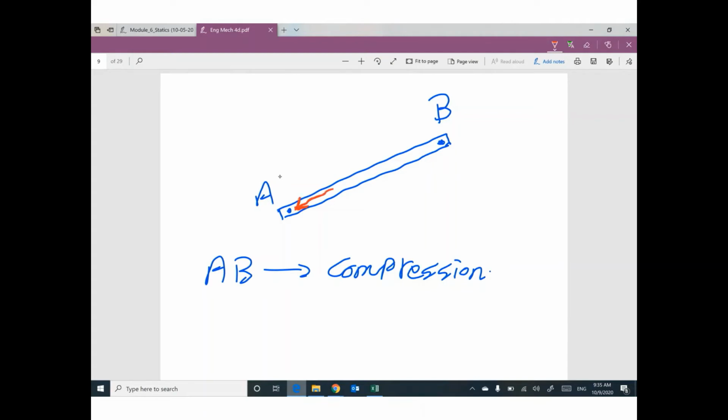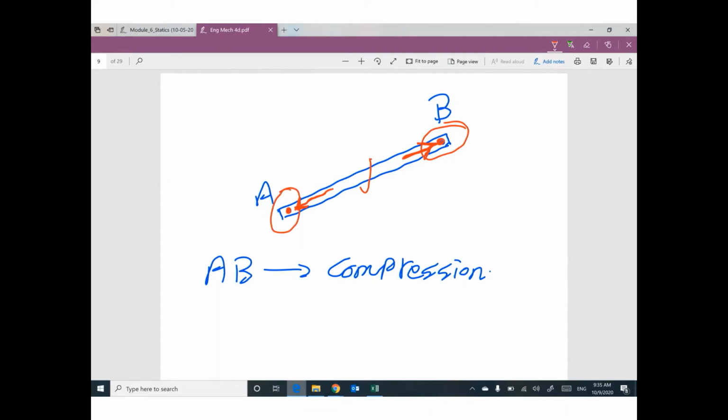So this member in compression related to this joint will be like this, trying to push this joint. The same member related to the other joint will be compression, trying to push this joint. You got it? So you are drawing arrows to indicate what this member tries to do to this joint and this joint.